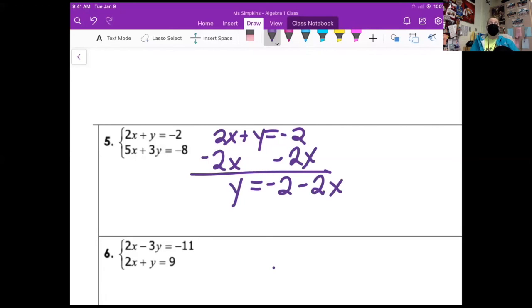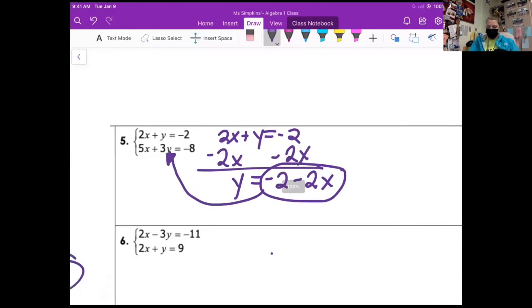So Jonathan had a great question. What if there isn't a variable that has a coefficient of 1? Then we would not use this strategy. We would use elimination, which we're going to learn on Wednesday. So if I'm intending you to use substitution, there will be a variable that has a coefficient of 1. So we're going to take -2 minus 2x, and we're going to replace y in the second equation.